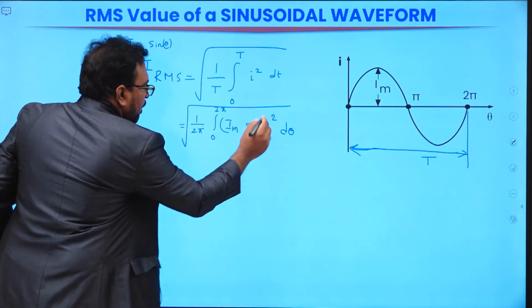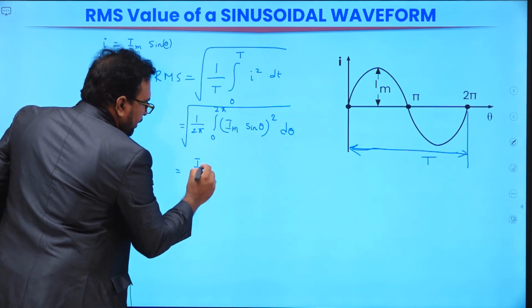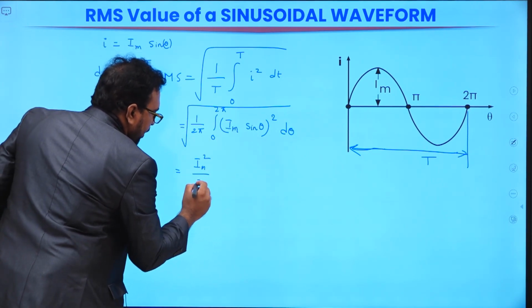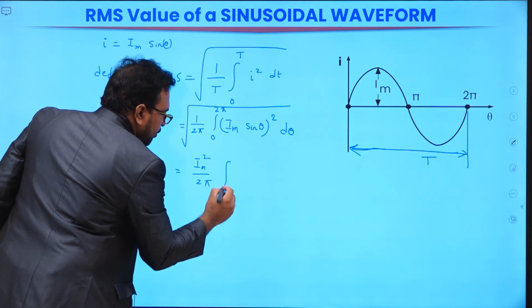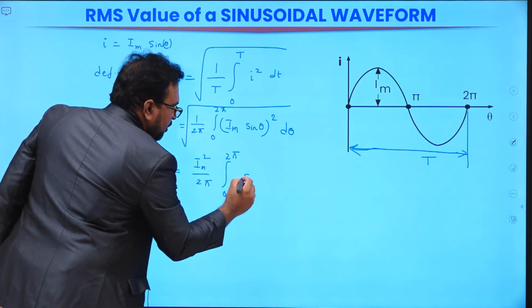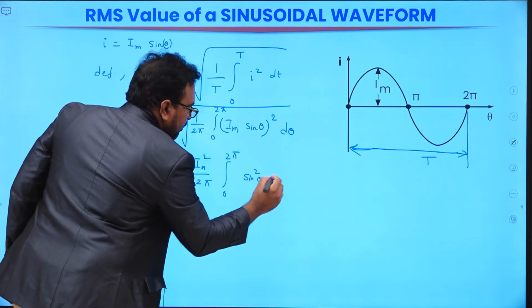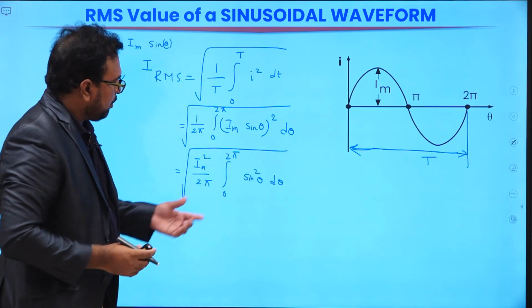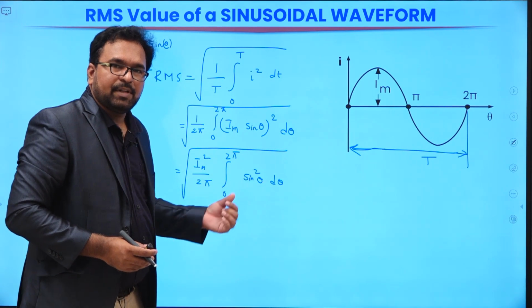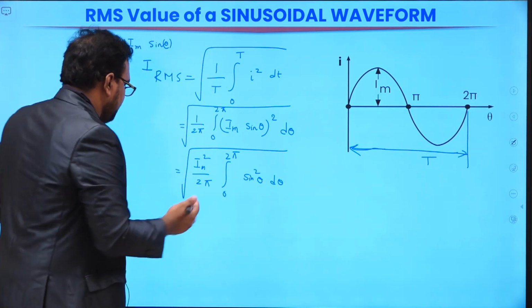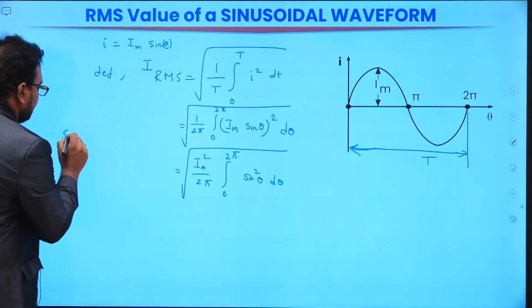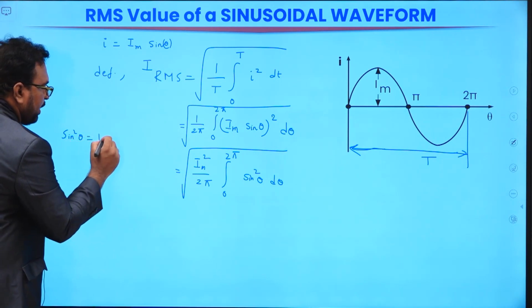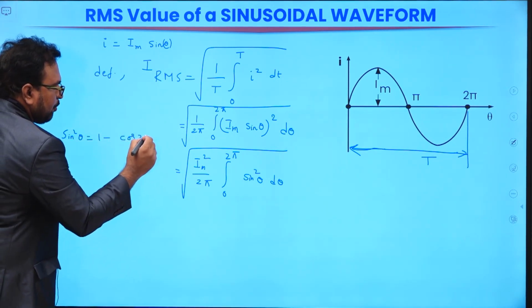Now here Im square is constant, so take it out of the integral: Im square by 2 pi, integral 0 to 2 pi sin square theta d theta. Now how will you integrate sin square theta? We know that sin square theta is equals to 1 minus cos 2 theta by 2.